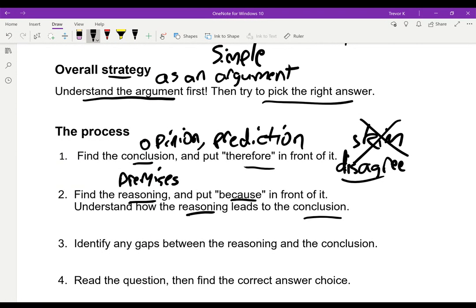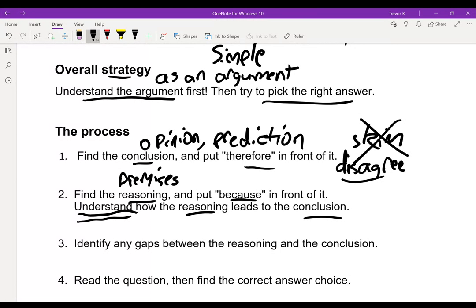Because before we can attack it or find the assumption or whatever, we really have to understand it. So we really have to understand the reasoning leading to the conclusion first, and then we can start addressing it like the question says.